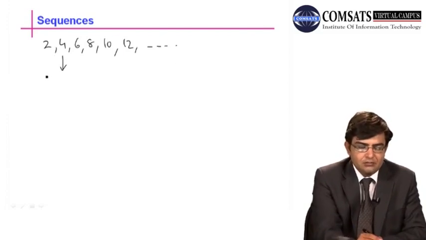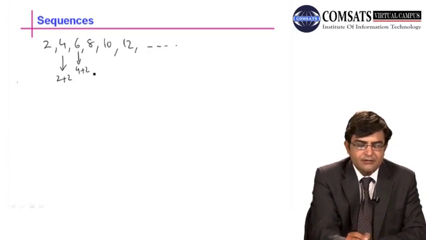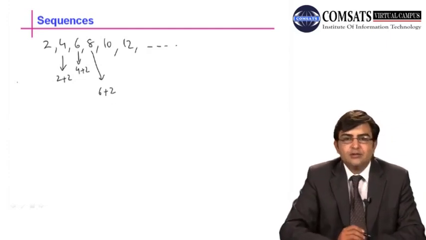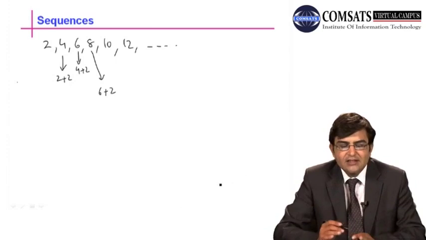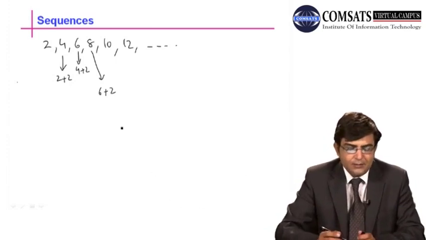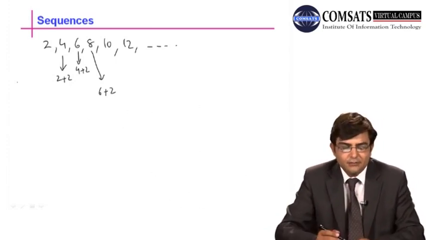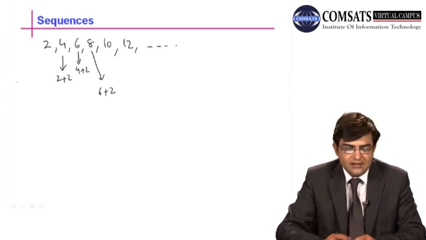If we add 2 plus 2, we get the next term, and again the next term is obtained by adding 2 to the previous term. The next term is again obtained by adding 2 to the previous number. So there is a relation between these numbers. So such type of expression or set of numbers is called a sequence.